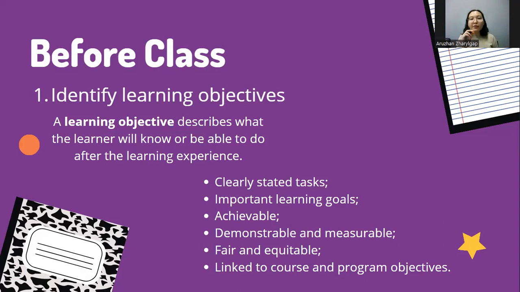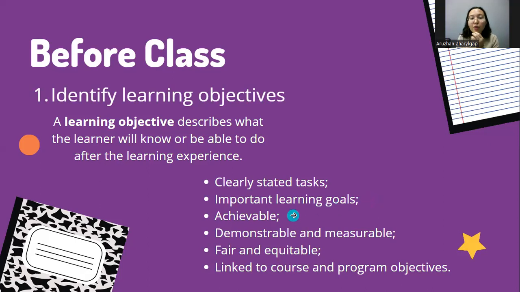Basically, a learning objective describes what the learner will know or be able to do after the learning experience. And actually, learning objectives should be, as I stated here, clearly stated tasks. Also, there should be important learning goals.